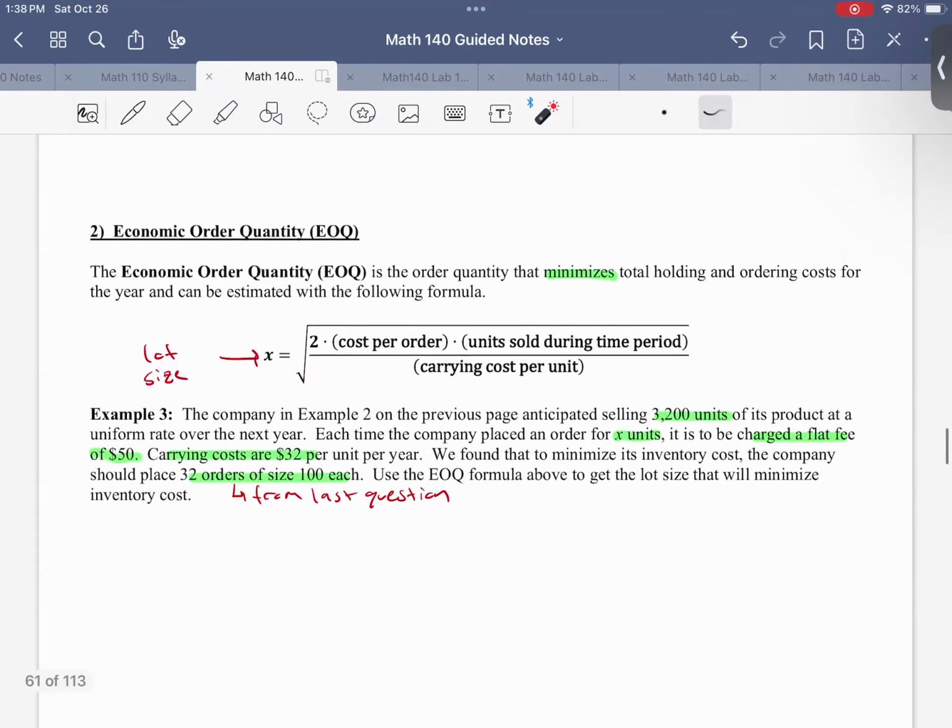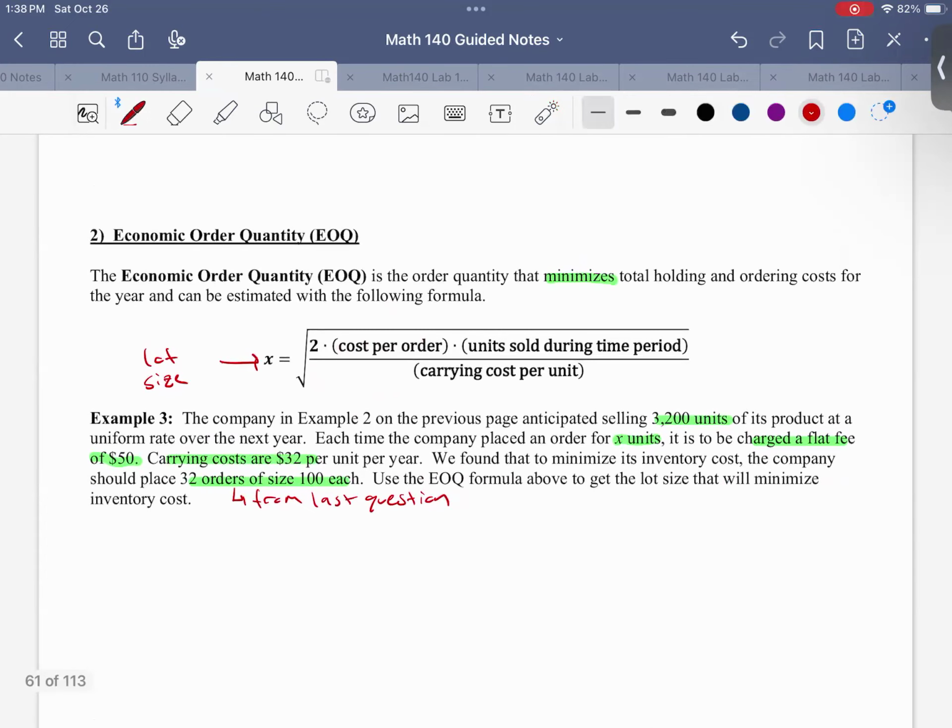So remember, I know what my cost per order is. Cost per order is $50.